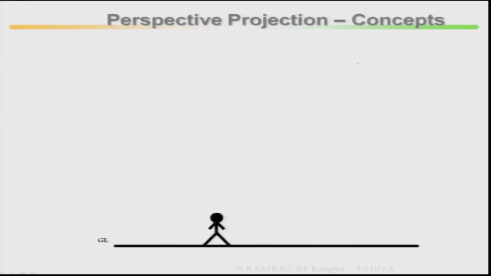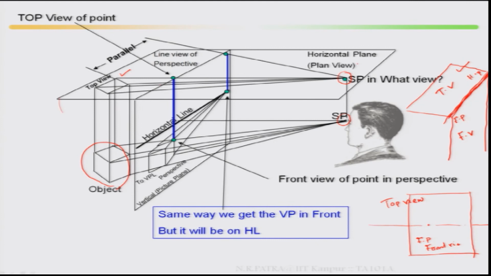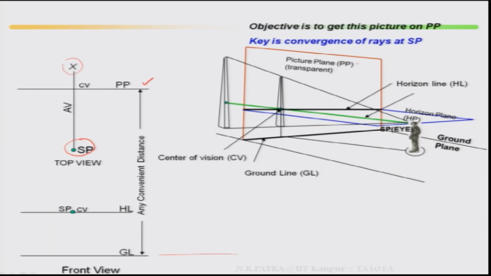Ground line, station point. I am saying station point, and if you look here, this may be confusing. It is not necessarily that the station point will be here; the station point may come here depending upon the distance from your picture plane. How?